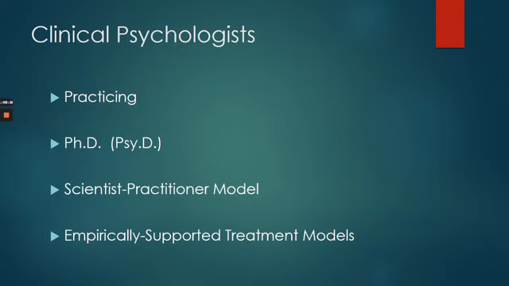That's very unethical. So clinical psychologists often talk about empirically supported treatment models, which means the techniques you use in therapy are based on research that demonstrates they are effective for people presenting those types of problems.